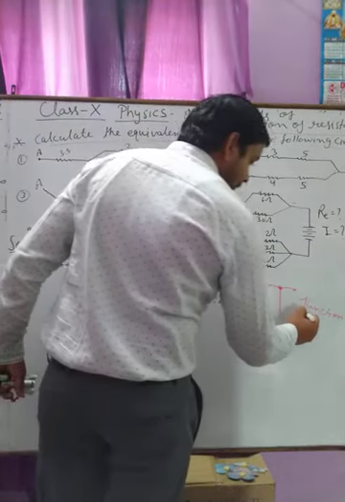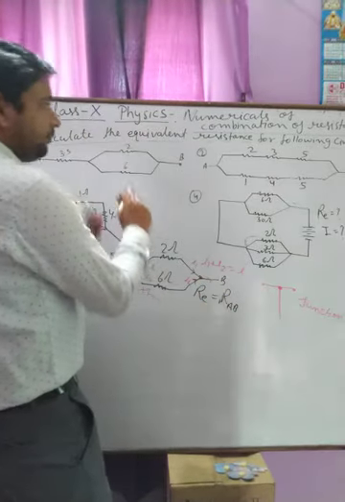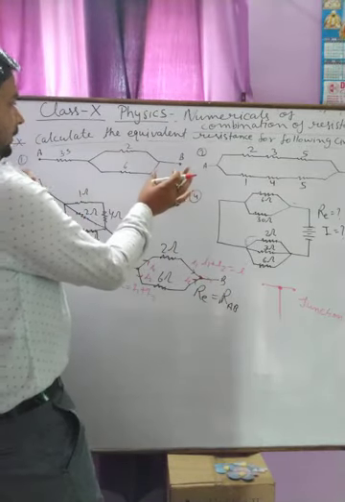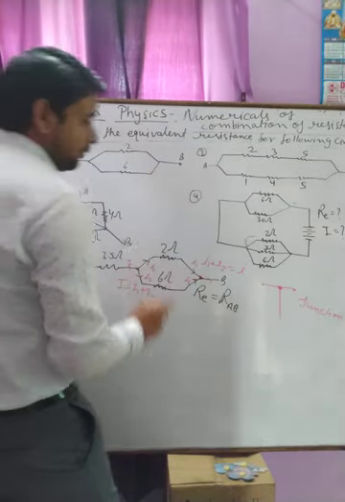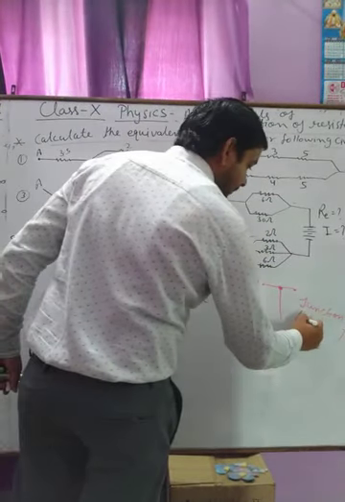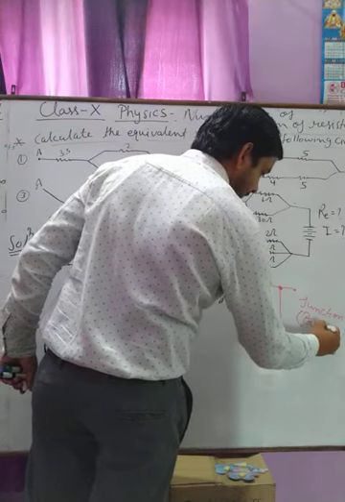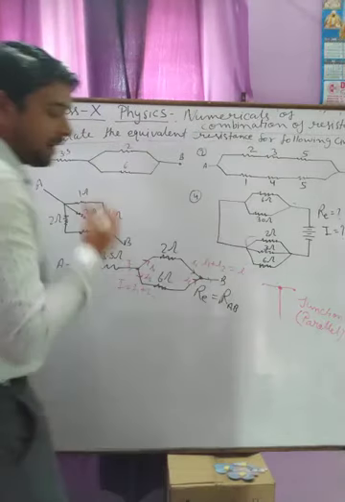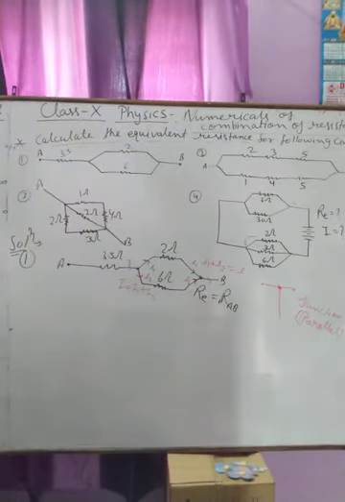So where you find a junction in the calculation of your numericals related to the combination, the junction is termed as a parallel circuit. That is, the arrangement of the resistances which we calculate is in parallel combination.